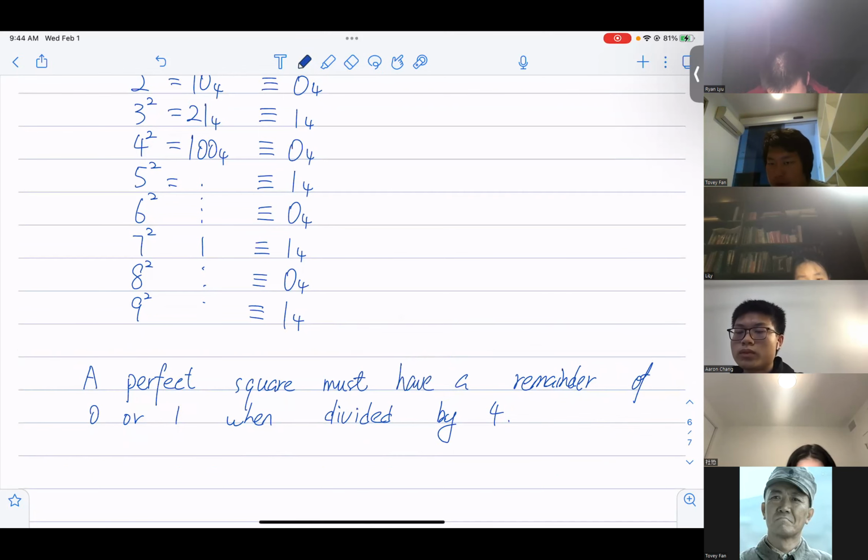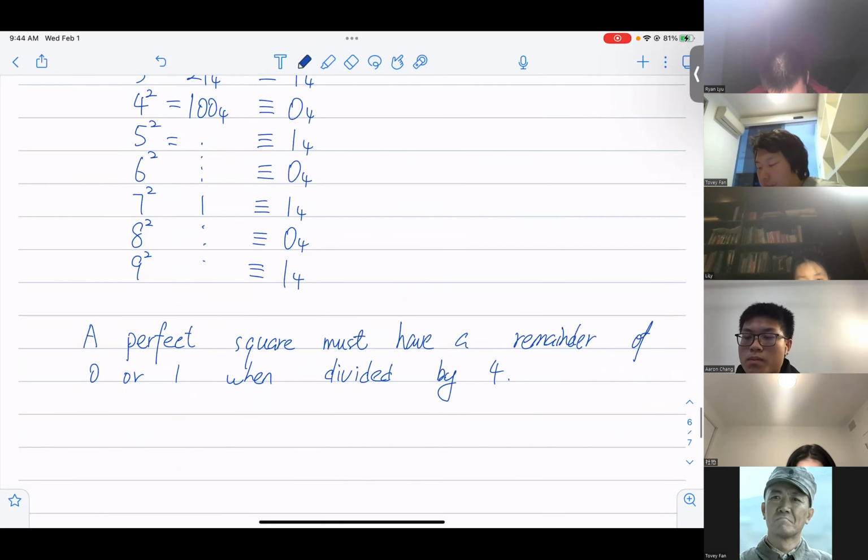So in other words, a perfect square when written in base 4 must have a unit digit of 0 or 1. They're the same, okay? Having a unit digit of 0 or 1 in base 4 is the same as having a remainder of 0 or 1 when divided by 4, right?